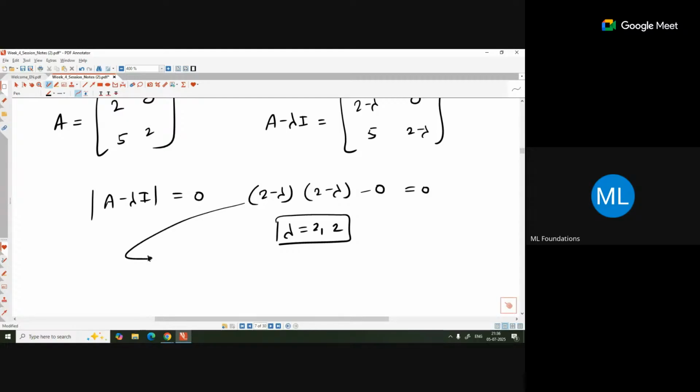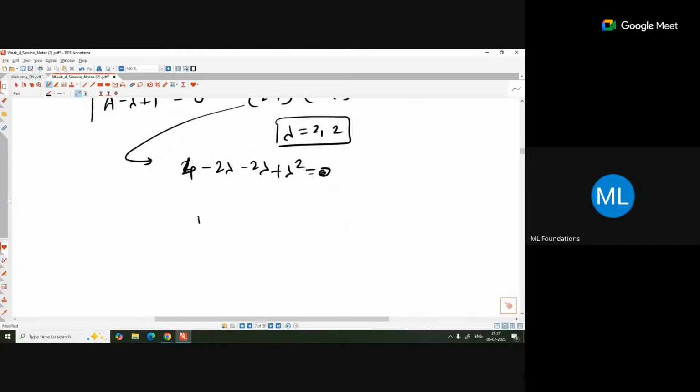Or if you don't know that also, you can expand it: 2 square, which is 4, minus 2 lambda minus 2 lambda plus lambda square equal to 0. Then lambda square minus 4 lambda plus 4 is your quadratic equation. To solve it, the coefficients are a equal to 1, b equal to minus 4, and c equal to plus 4.